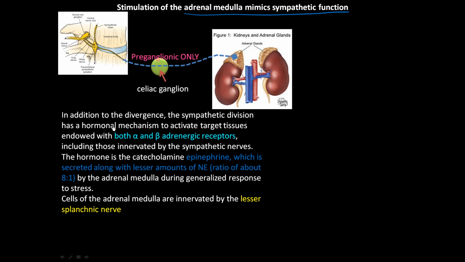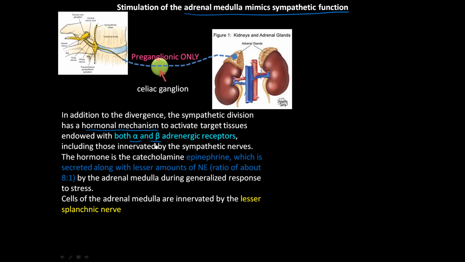So in addition to the divergence and sympathetic division of the autonomic nervous system, there is a hormonal mechanism of the sympathetic nervous system. Those hormones are released from the adrenal gland, and they act on both alpha and beta adrenergic receptors.